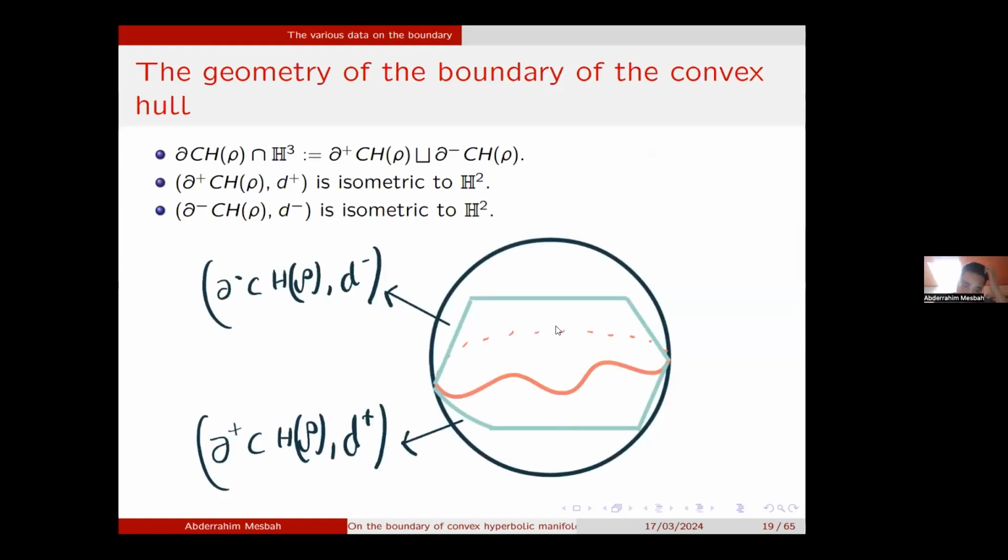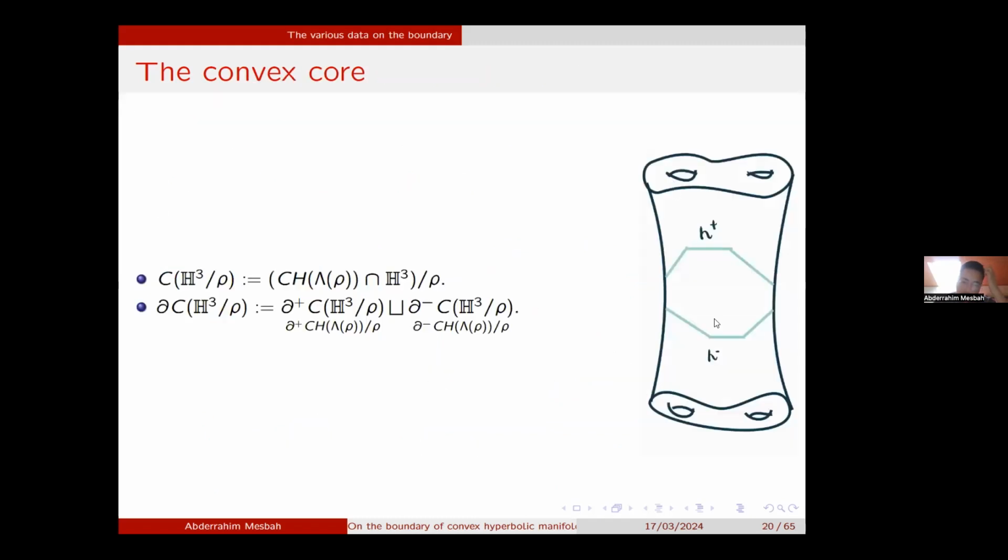The convex core is a manifold whose boundary consists of two disjoint copies of sigma, which is not smoothly embedded. We will talk about this structure later, and it will induce two hyperbolic metrics on sigma.